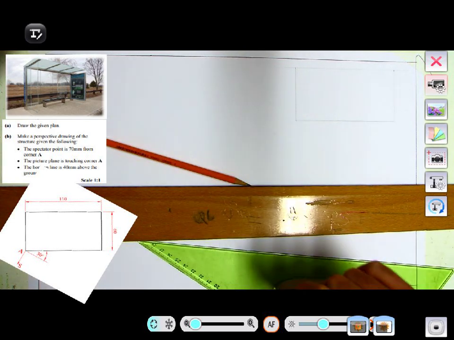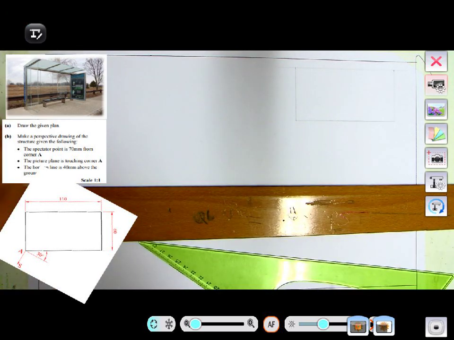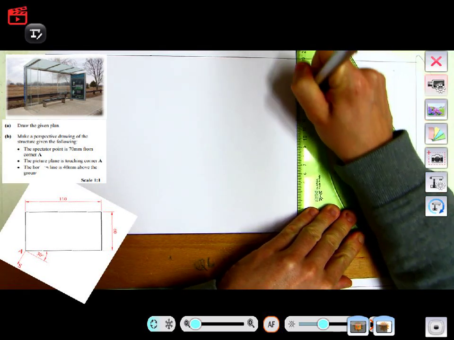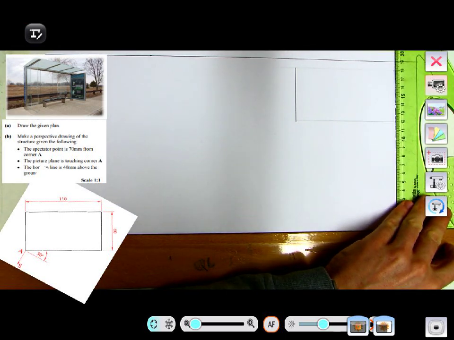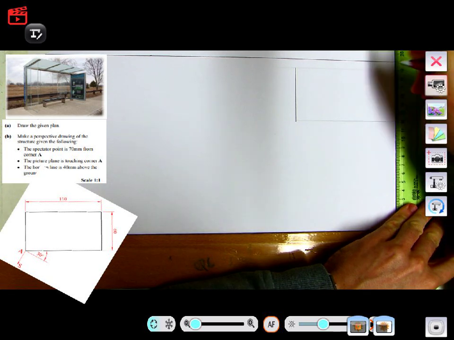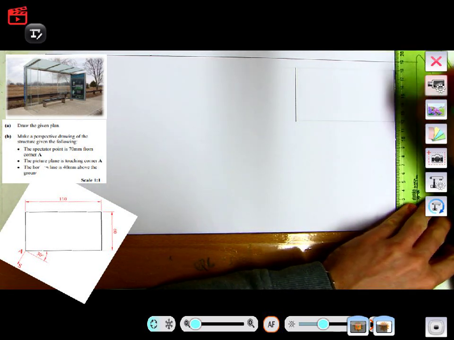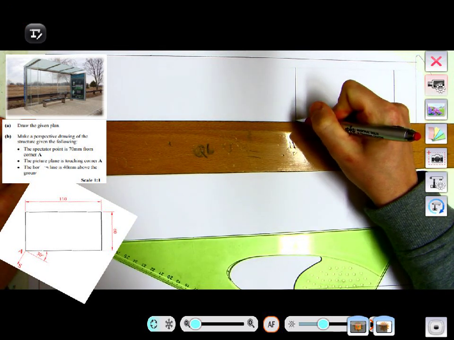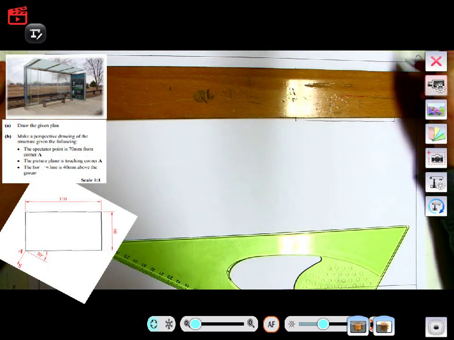Okay, and I'm just going to go over that in pen just so you can see it a little bit more visible on the screen. You do not have to do this in the exam, just make sure that you're using a heavy pencil. Okay, it's a line of importance, so therefore it should stand out.